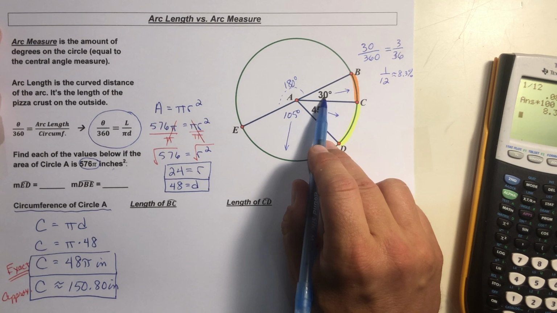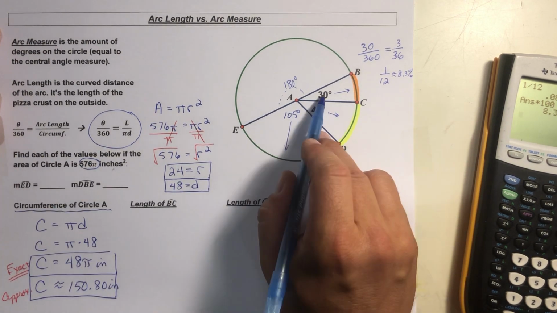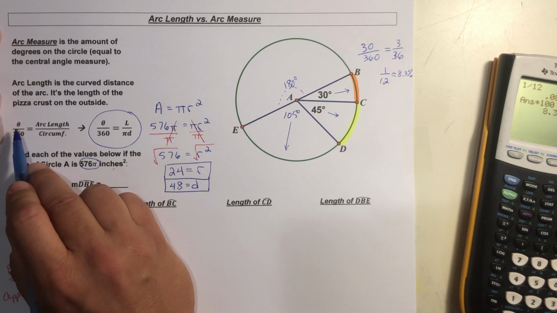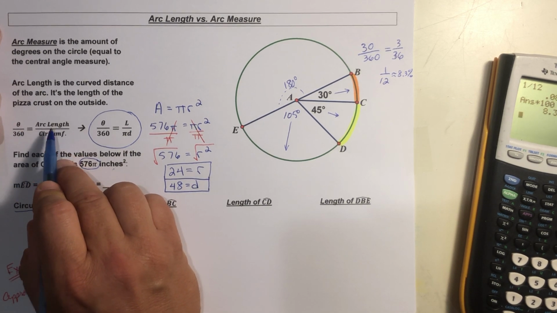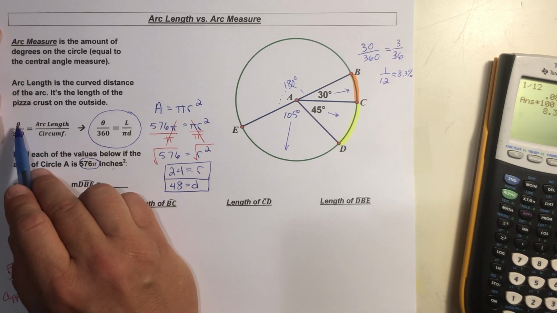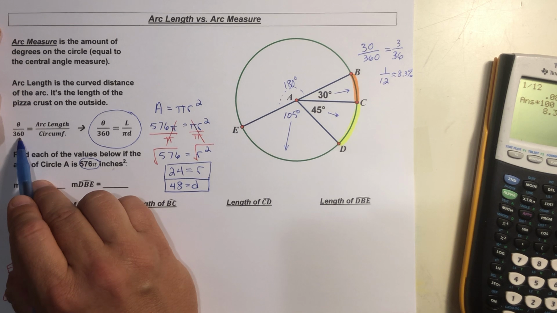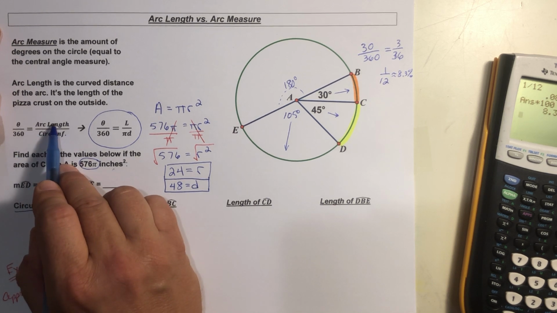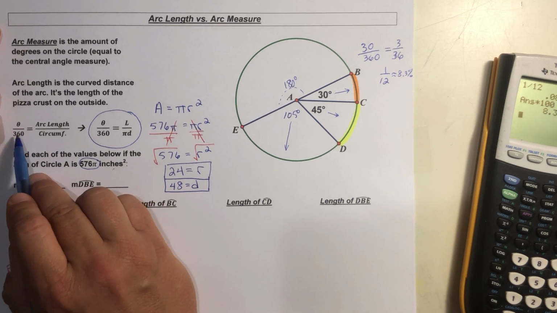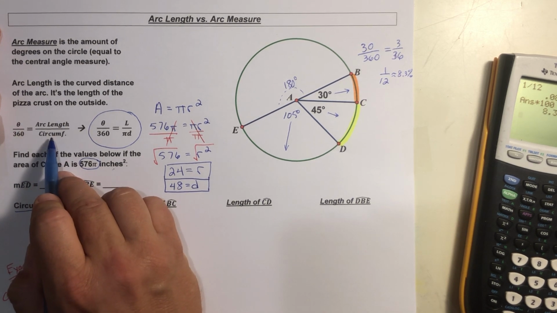Theta will be 30. I'm comparing part of the degrees to all of the degrees, 30 is to 360. Now look over here, as arc length is to circumference. This helps me understand it. Part of the degrees is to all of the degrees, as part of the circumference is to all of the circumference. Part is to whole as part is to whole.